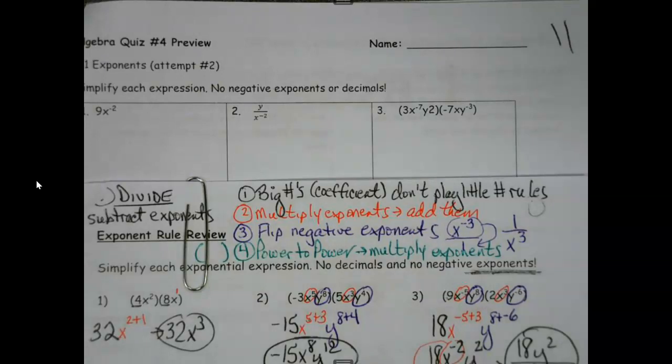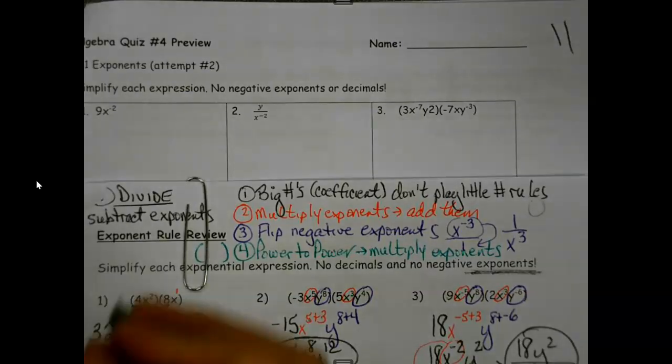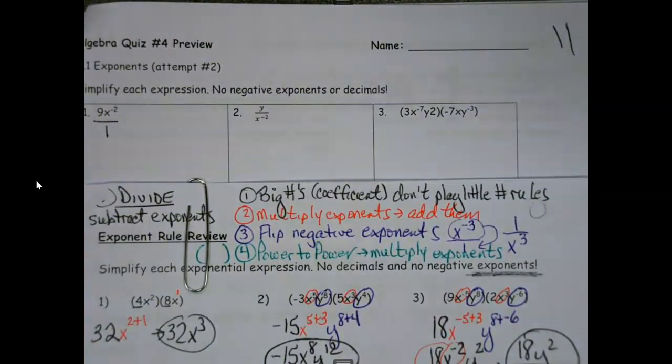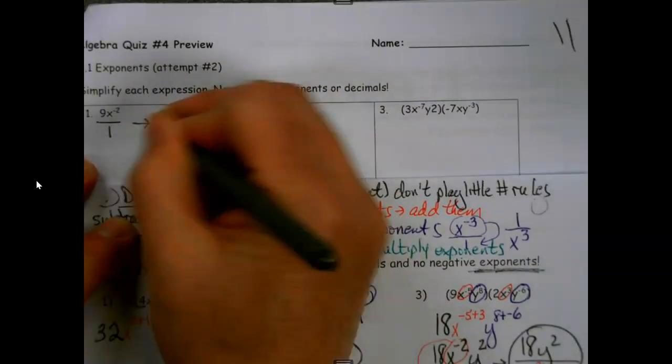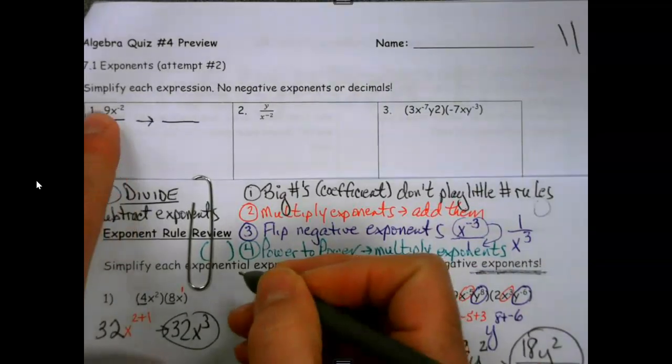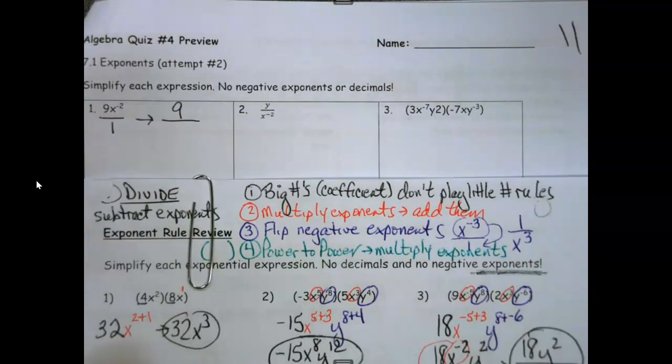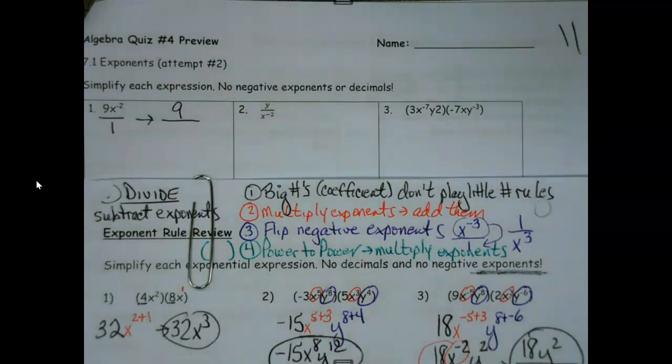In other words, if things are positive, we're going to leave them alone. They're doing fine. But if they're negative, that tells me right away there's going to be flipping. So I'm going to make this a fraction since it's not 1. And then I'm just going to go part by part and go, okay, 9 doesn't have a negative exponent. 9's happy.